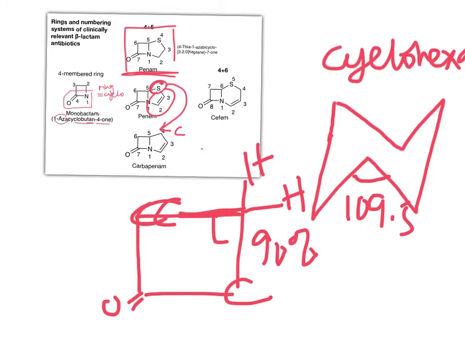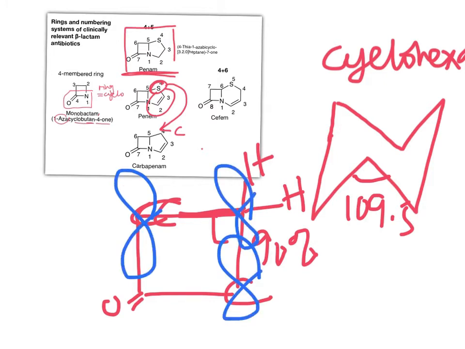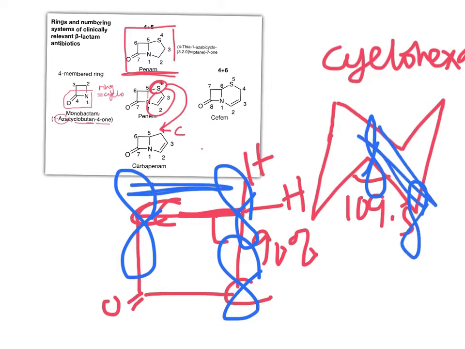The electron clouds from here, they are closer, almost touching each other compared to here. Here they are so far away compared to here. Therefore, this is more strain.